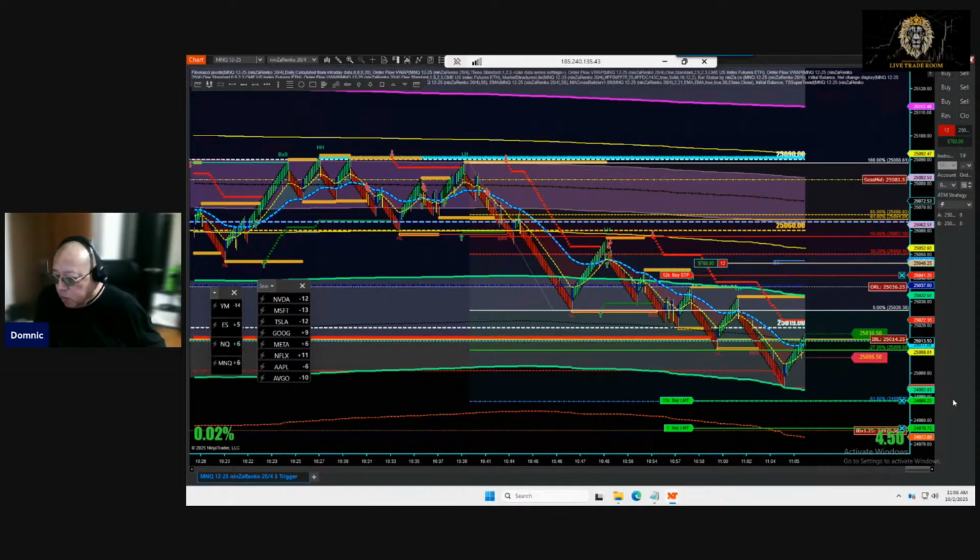Ooh, here's the value area low. Let's see if it can bounce off that. Hmm.